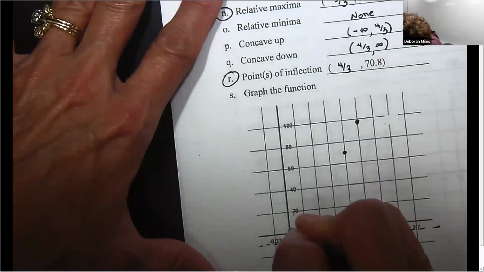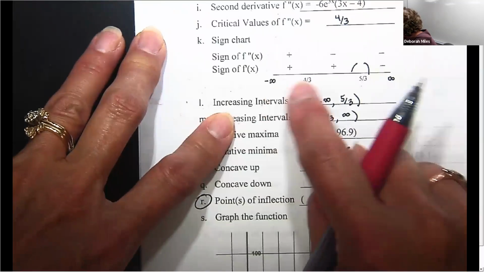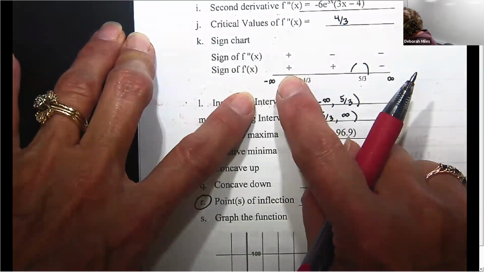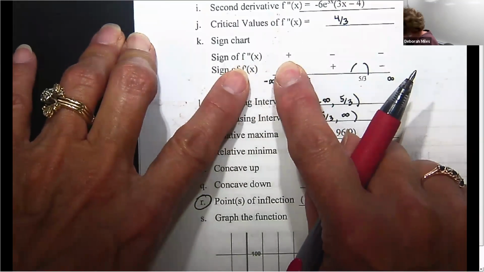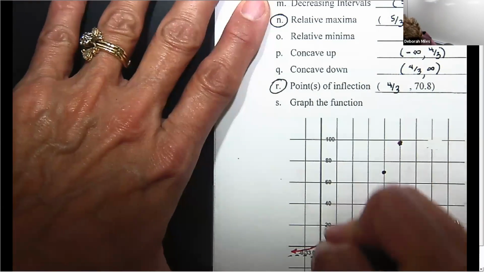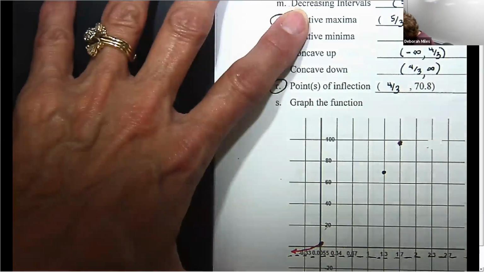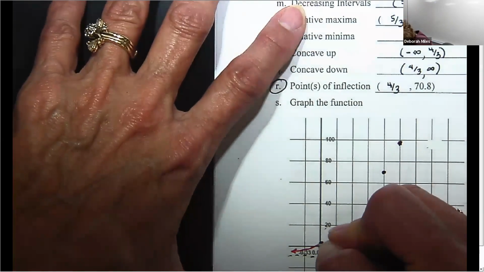So I'm going to make the graph look like it's approaching. And let's see, from -infinity to 4/3, it was increasing and concave up. So make that part of the graph look increasing and concave up. All the way to 4/3.